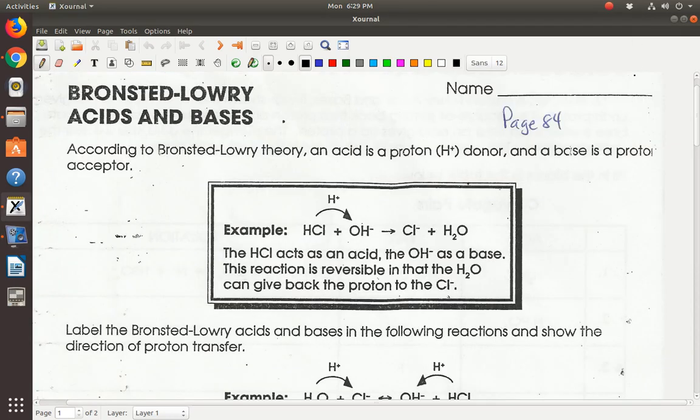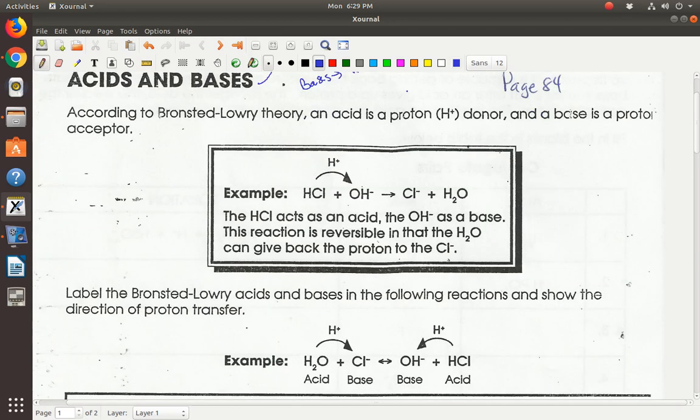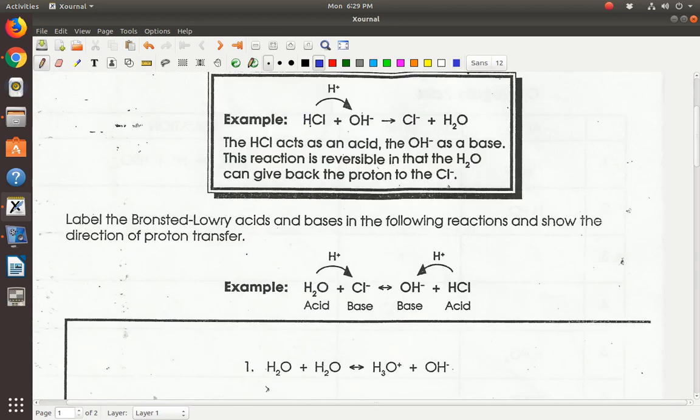this is worksheet 84, where we're going to practice the Bronsted-Lowry acid base. Remember, acids are proton donors, which are H pluses. H pluses are protons. Bases are proton acceptors. All right, so here's an example. We have hydrochloric acid.